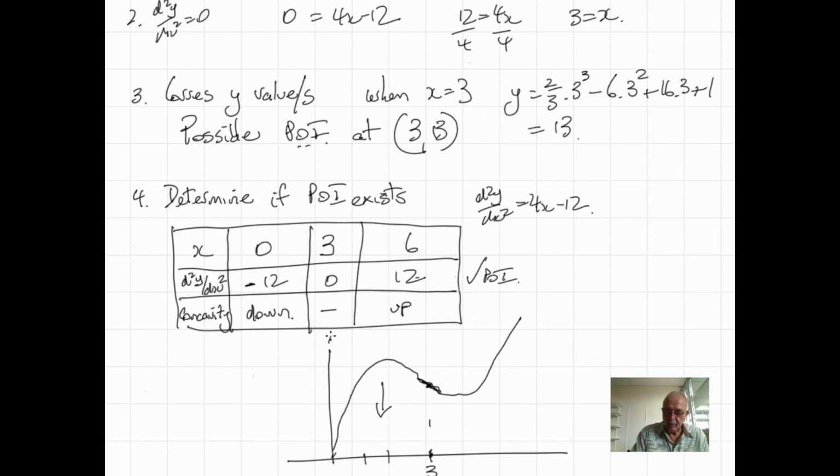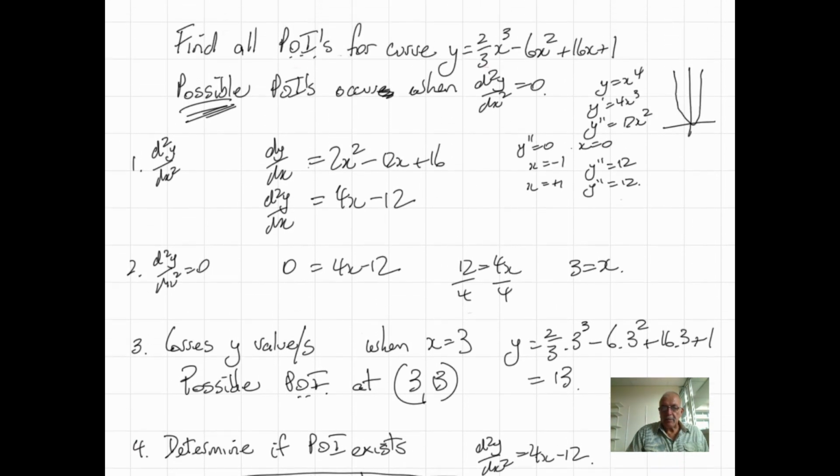Everywhere here we are concave down, and from here out it is concave up. And that will extend out indefinitely because the graph continues down there. Okay, so that's an example of how to do it.